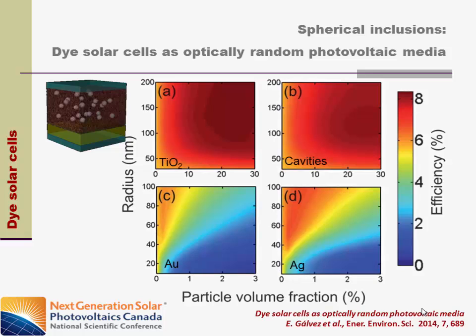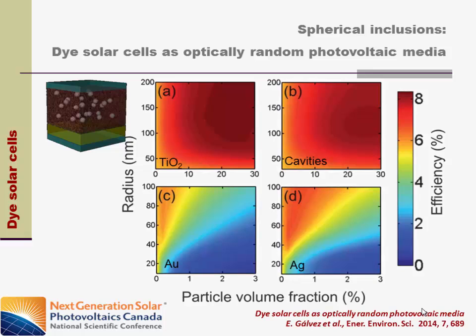We did that because there were quite a few works trying to introduce these metal nanoparticles to take advantage of plasmonic effects. And obviously in all papers people observed some sort of advantage and some increase of efficiency, but there was no systematic comparison between the effects of different types of particles.